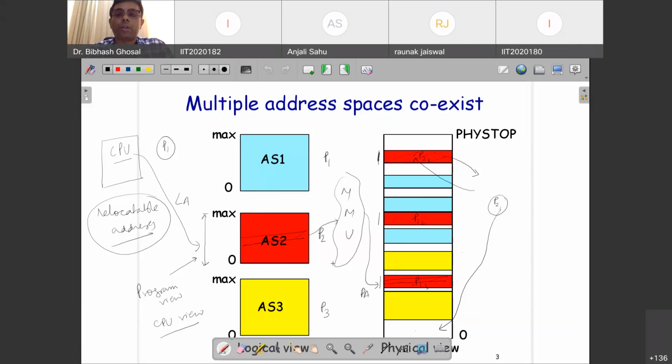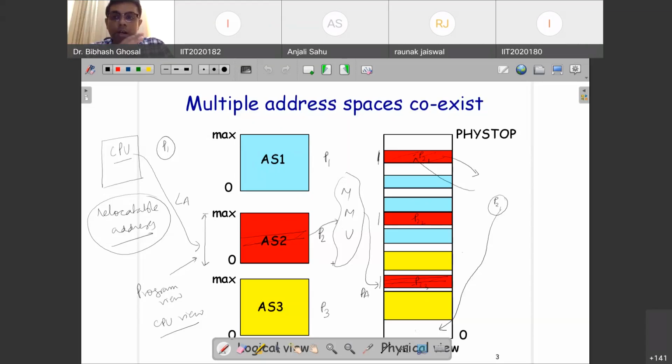This is a very interesting concept, and that eventually allowed the processes to be distributed in the physical memory. But this is not how the CPU or the user looks at the process. The user or the CPU looks at a process as a set of contiguous memory locations, one stretch of memory locations. It doesn't understand the distributed nature.